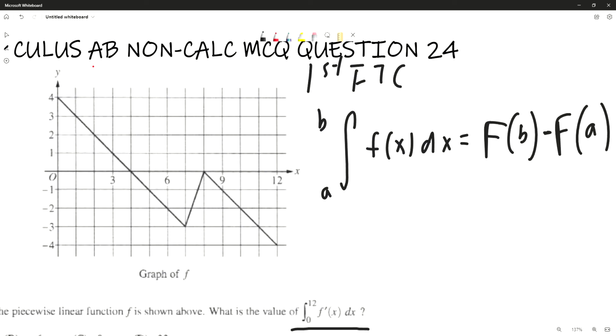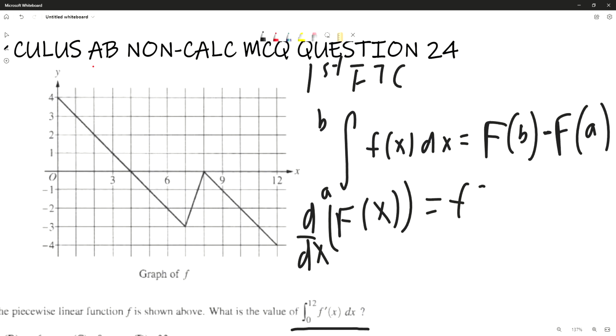So big F of x is basically the function, and when you take the derivative of this function with respect to x, you will get little f of x, which, let me just rewrite this for you, is the derivative of big F of x.